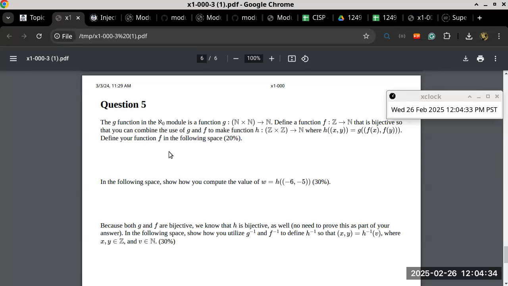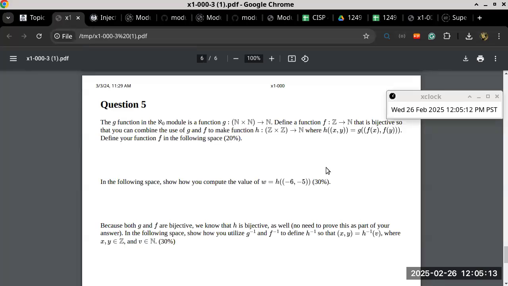Okay, define your function f in the following space. First question is, how do we define f? What is the quickest way to define this particular f? Yes, the quickest way is to copy and paste it from my definition of f that serves exactly the same purpose in the Aleph No module.